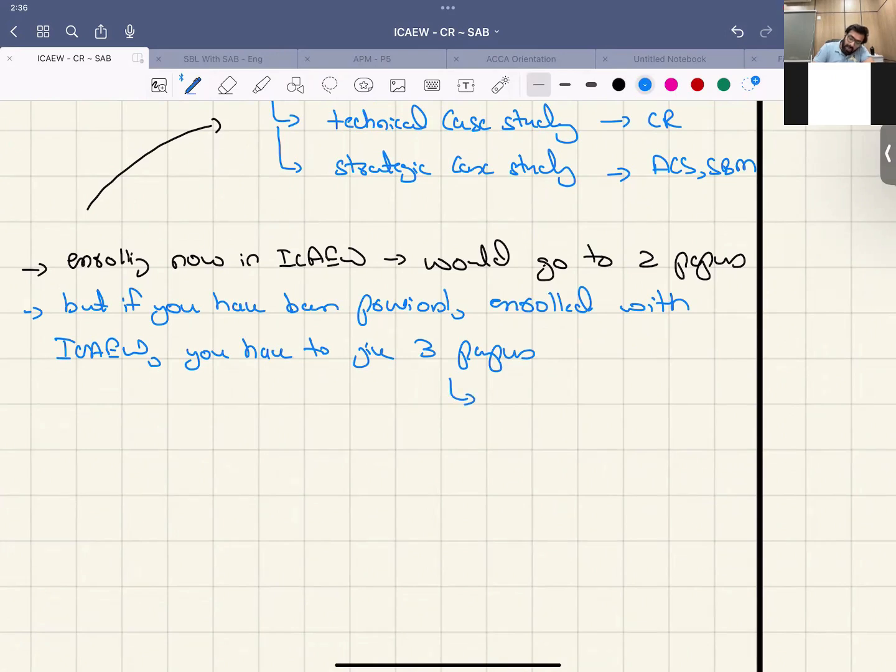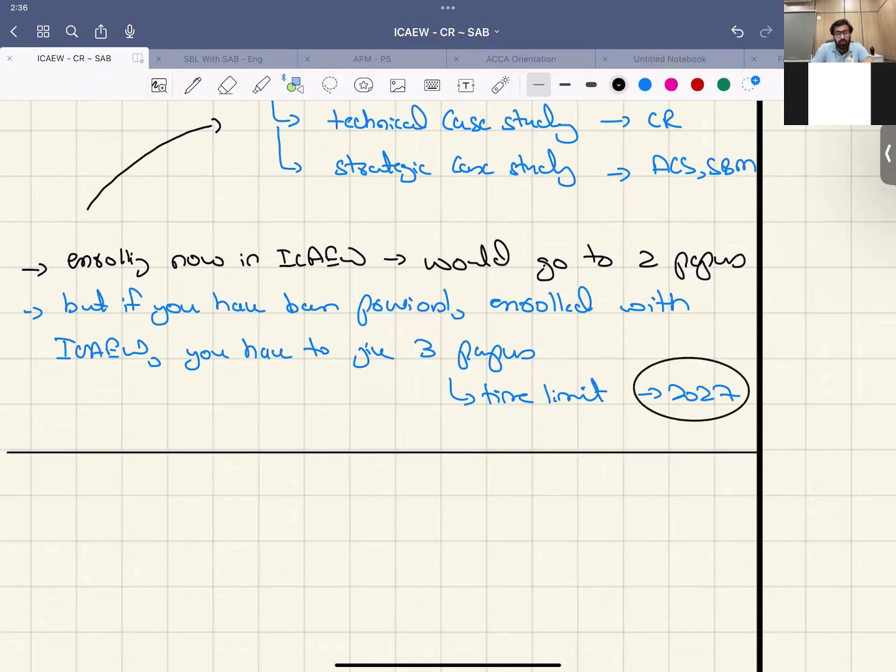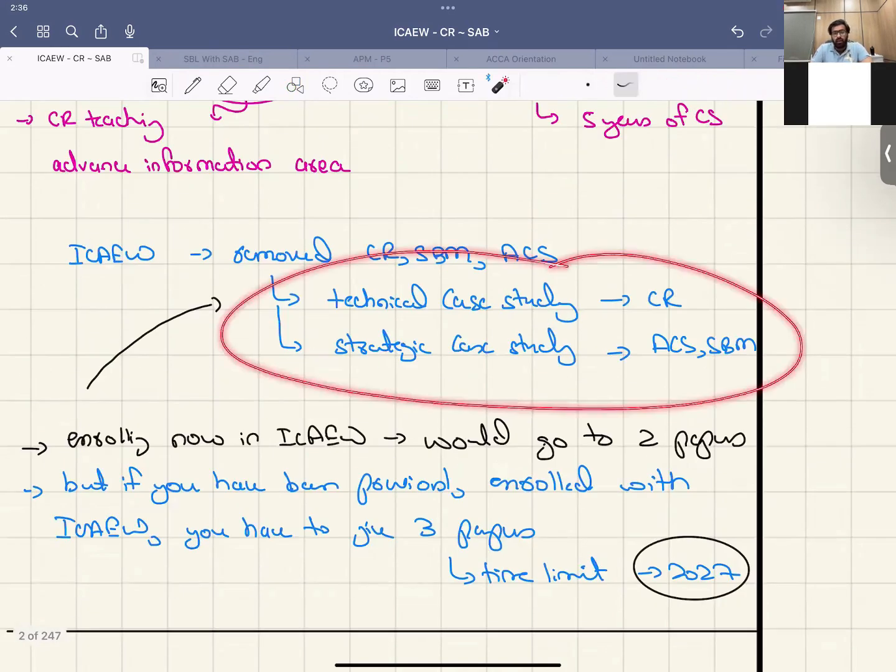There is a time limit attached, which is probably in 2027. Till 2027, you have to clear all 3 exams and then claim your membership, or you can go back to these papers.